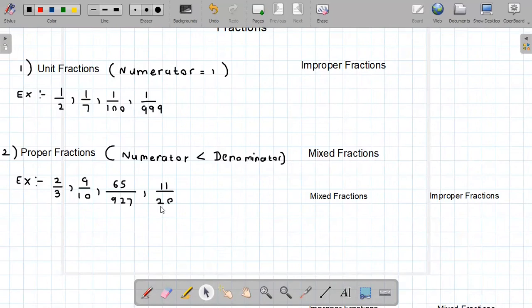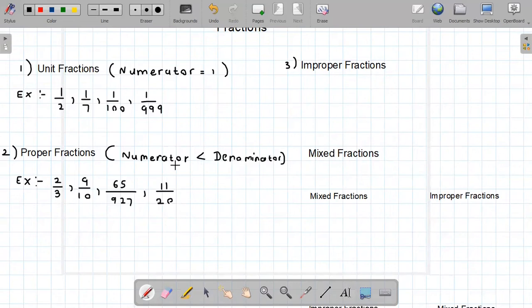So then we will move to the next one, the third one, improper fractions, right? The second one we discussed is proper fractions. The third one that we are going to discuss now is improper fractions. Improper means the opposite of proper fraction.